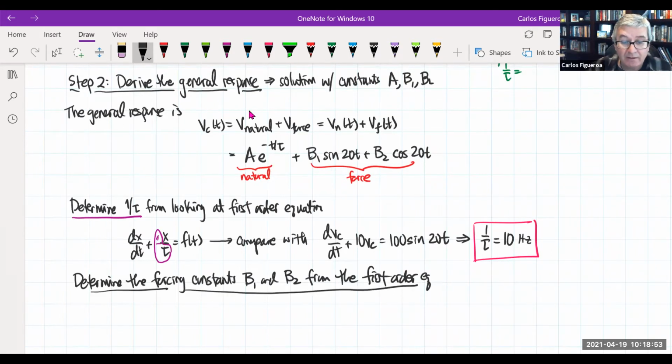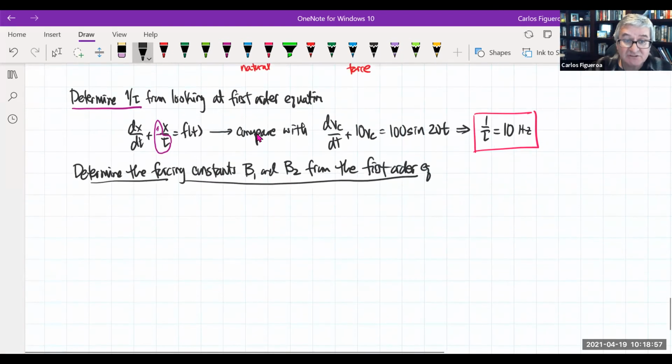So how do I do that? Well, for these forcing constants, the way you do it is you substitute your forcing response into the equation. One of the things you have to be careful about here is that we should do this once so that we do that.